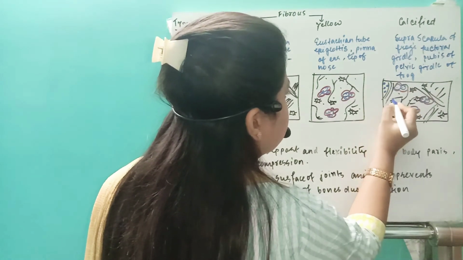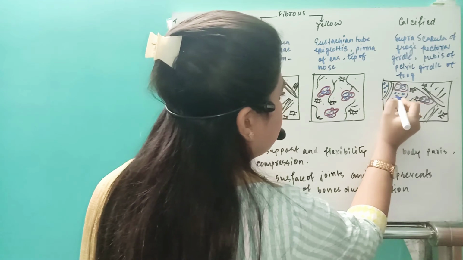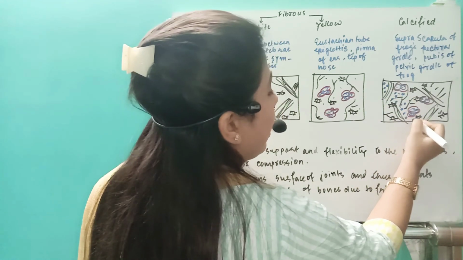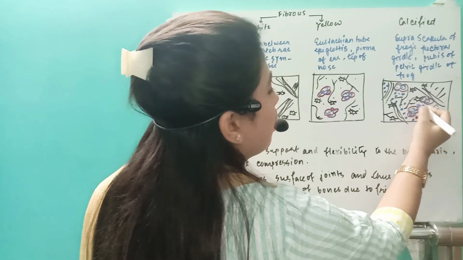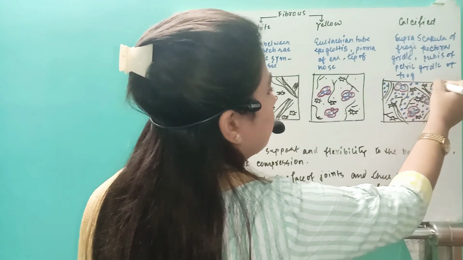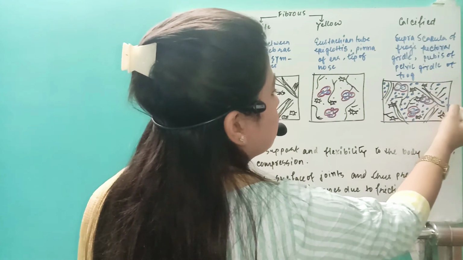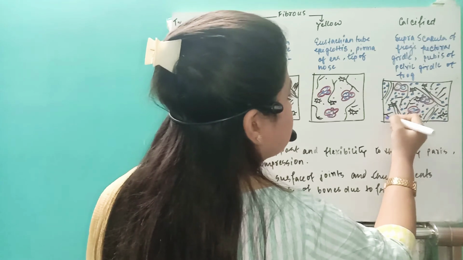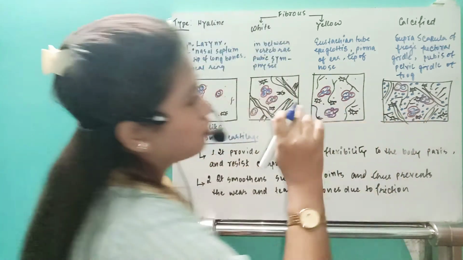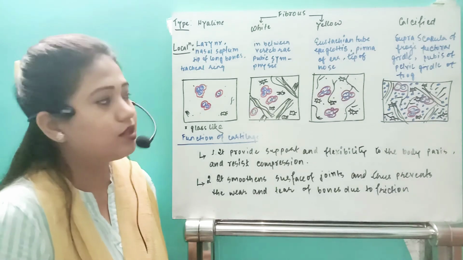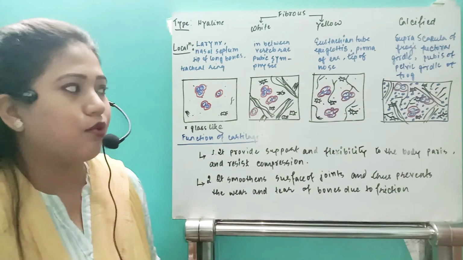Due to the deposition of these calcium granules, the cartilage becomes harder and it will actually look like a bone, right? So in the regions where the bones need cartilaginous support, that calcified cartilage even becomes bone-like, right? So these are the three types of cartilages.